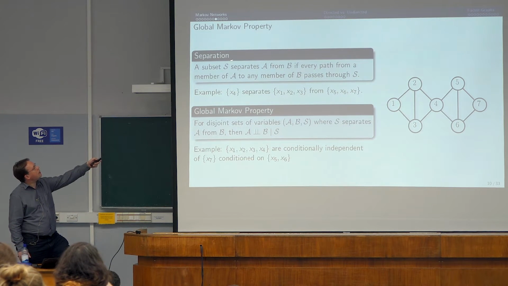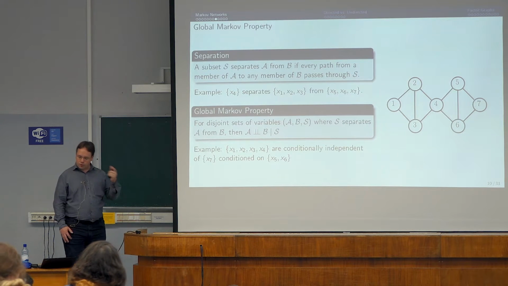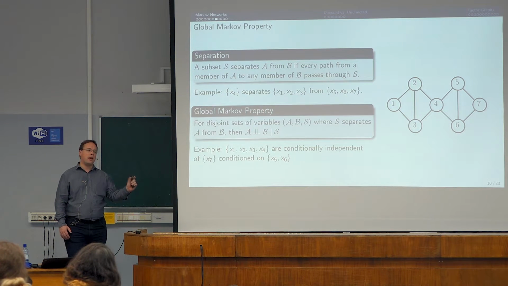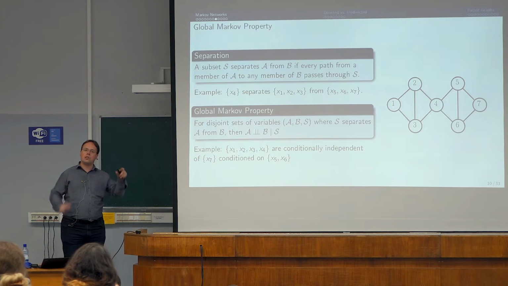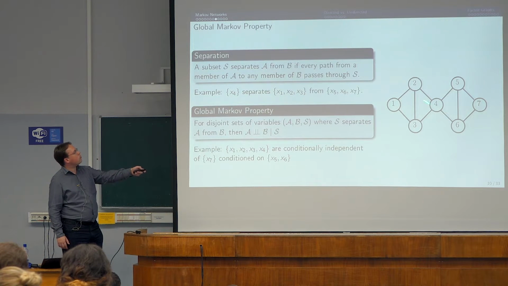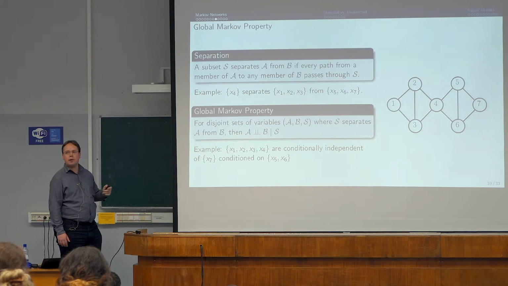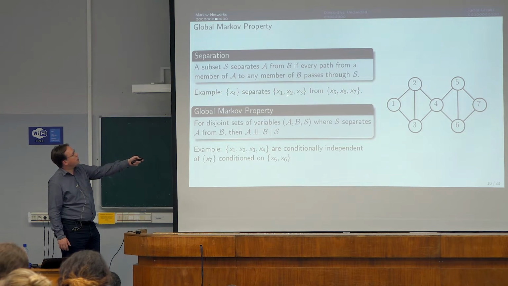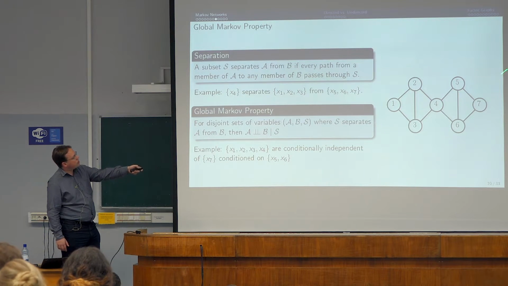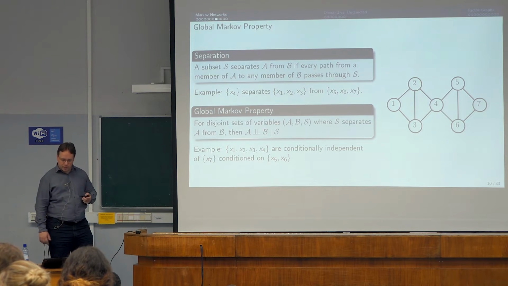Let's say that we have a subset A and B. Then another subset S is said to separate A from B if every path from a variable in A to a variable in B has to somehow go through S. So that means if we want to walk from some location to the other, there's no way of avoiding S. So in this case, X4, even though it's just one element, is a separator between the set 1, 2, 3 and the set 5, 6, 7, because whenever you want to go from any of these three to any of these three, you have to pass through the 4. Okay? So that's the concept of a separator.